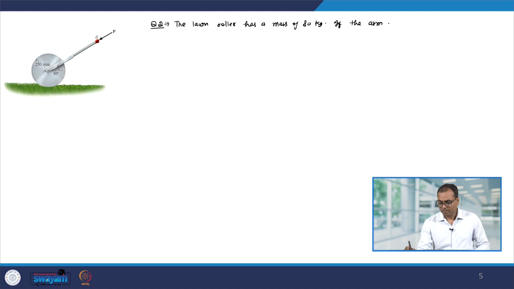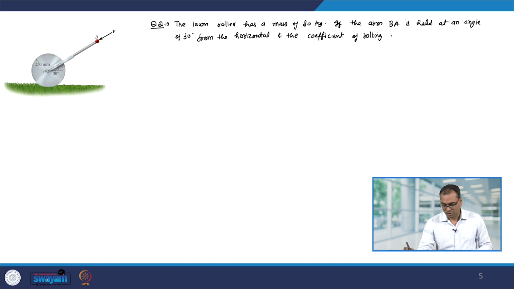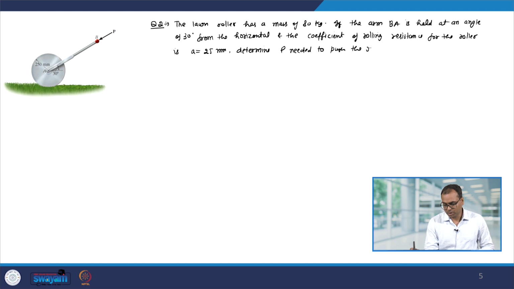If the arm BA is held at an angle of 30 degree from the horizontal, and the coefficient of rolling resistance for the roller is a equal to 25 mm, determine P needed to push the roller at constant speed.